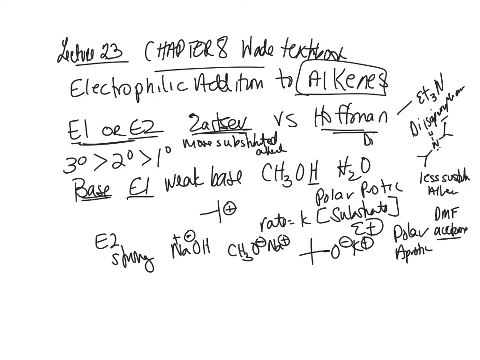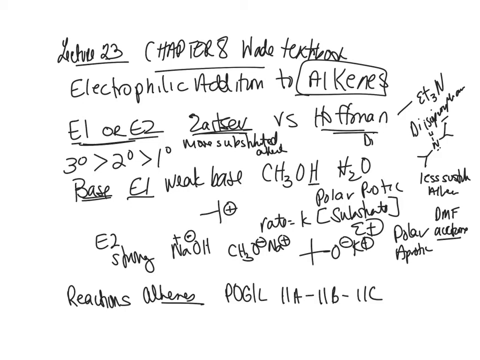Now chapter 8 is going to talk about the reactions of alkenes. And you're going to have a lot of reactions of alkenes in this chapter, folks. We're going to have Pogel exercises 11A, 11B, and 11C. And I want you to get out your reaction sheets, and I'm going to show you how to fill those out.